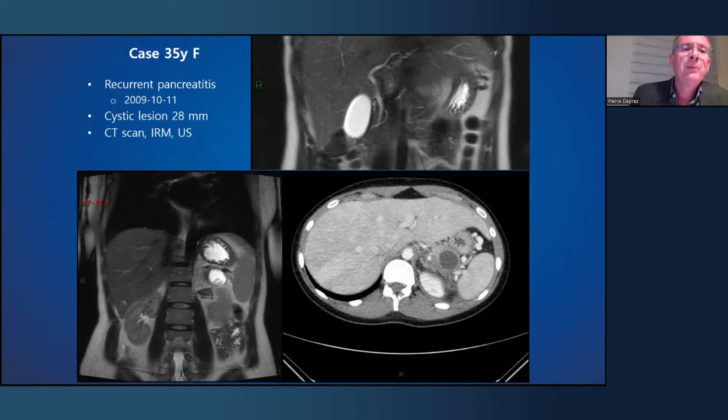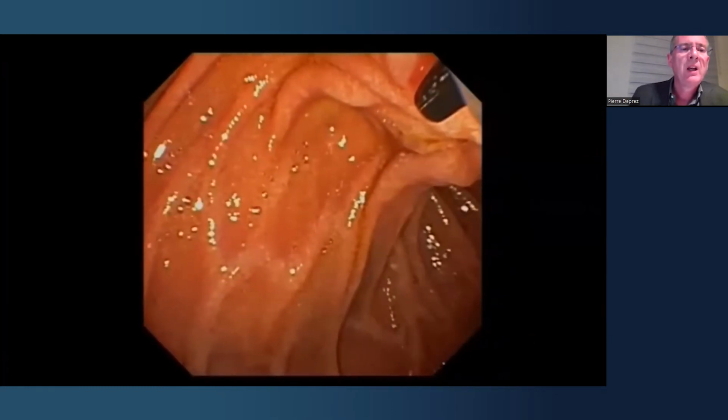As you may notice, she has a pancreas divisum, and she has a collection in the tail of the pancreas. Most of her pain attacks were epigastric, so it was difficult to know if it was due to pancreas divisum or maybe to the collections. You see the different images in this case.